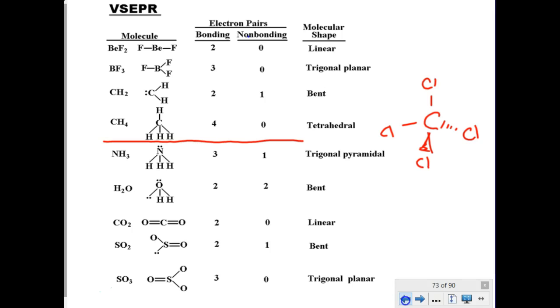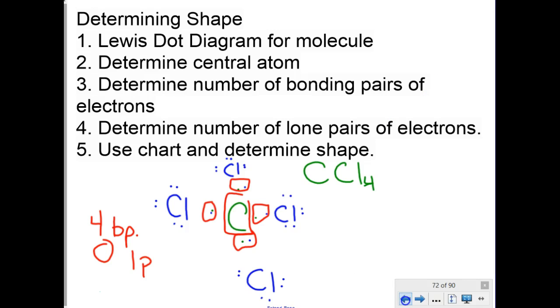Let's try the next example. I'm going to erase the diagram. Your first step while I do that is to draw the Lewis dot structure of boron trihydride.